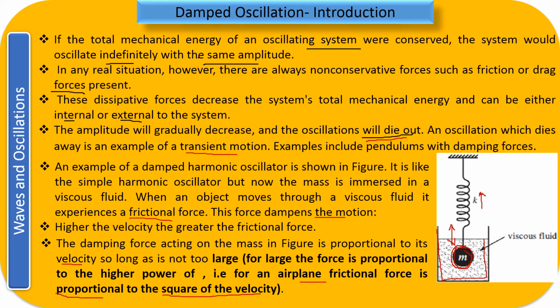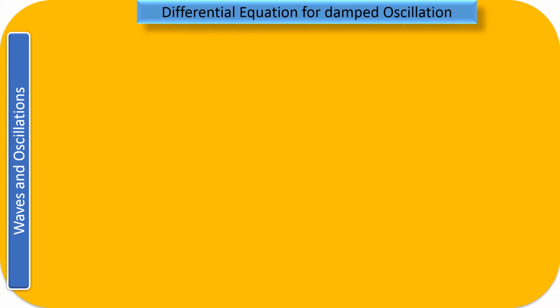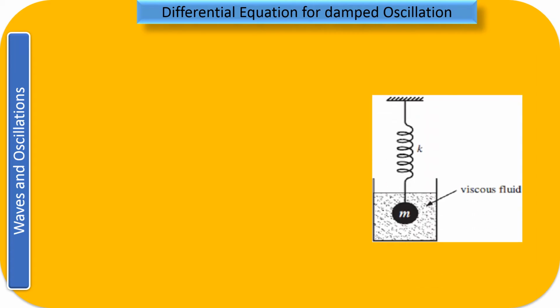So let us derive the differential equation and try to solve it, right? So, the differential equation for the damped oscillations. This is the figure, the same figure we are going to continue. Here you have the spring system, and this spring system is going to oscillate in this viscous fluid, and this viscous fluid is going to put a resistive force.